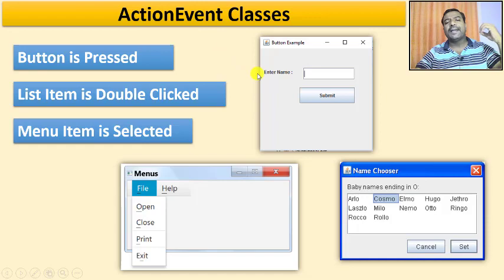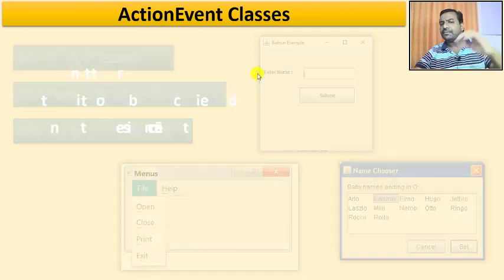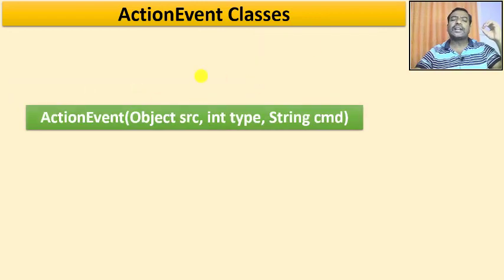This class contains a parameterized constructor which takes three types of parameters. The first is the object source. As I told you, the action can come from any source, so this constructor tells what the source is.